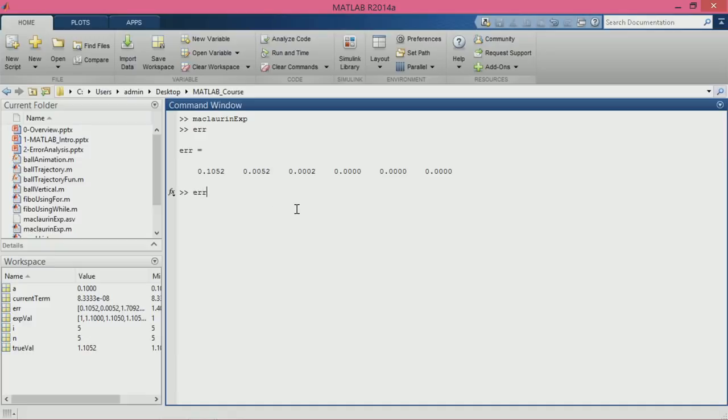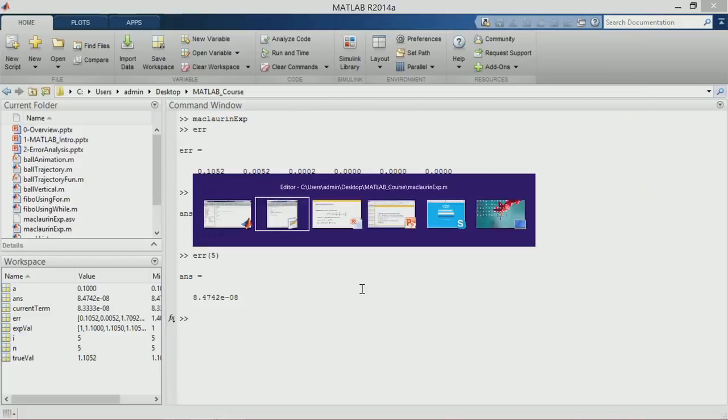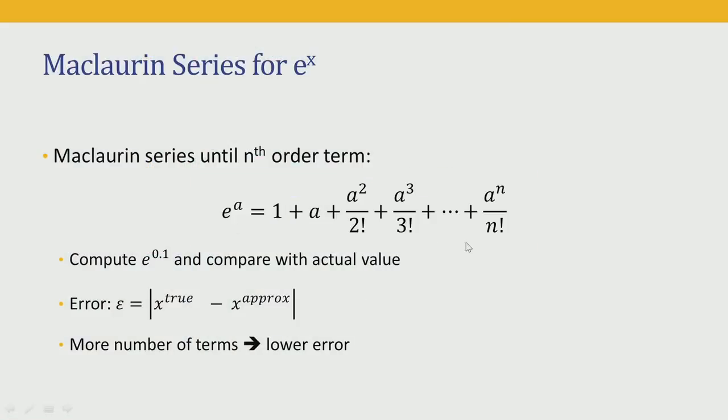So, let us look at error 4, which is basically when n equal to 3, our error is 10 to the power minus 6. When n equal to 4, our error is going to be 10 to the power minus 8, and we have seen already that when we introduce all 5 terms of the Maclaurin series, our error drops even further. Okay. So, this is how we have computed the e to the power a approximation using Maclaurin series.